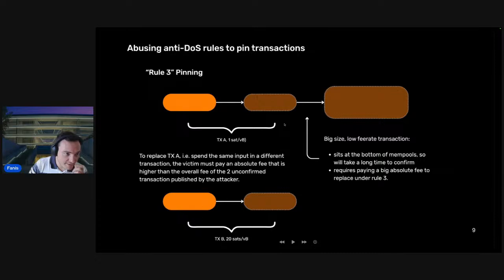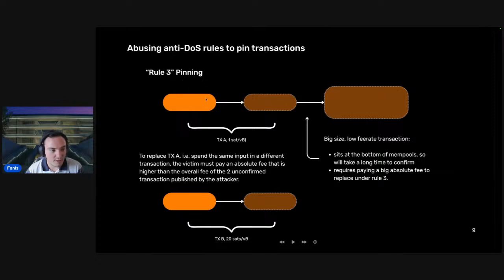One example of that, and it really occurs when several parties can spend the same input, as is the case in Lightning. For example, you can abuse rule 3 of RBF in order to pin a transaction.